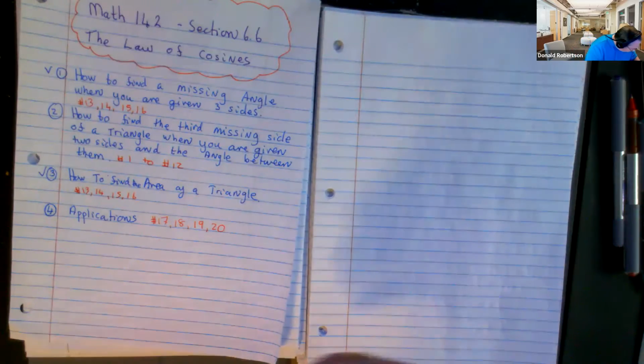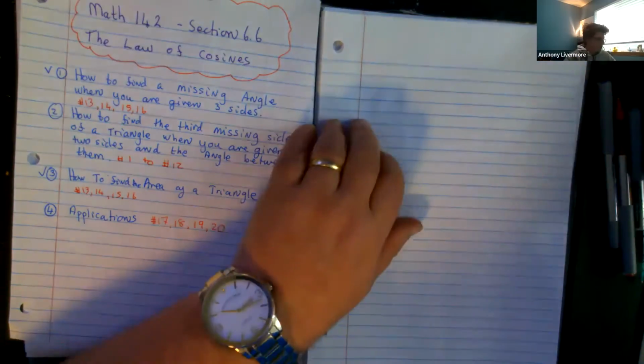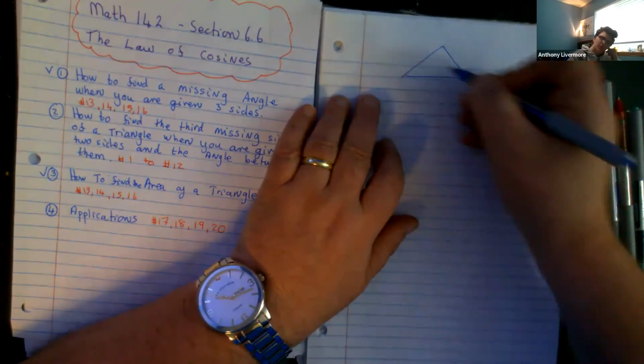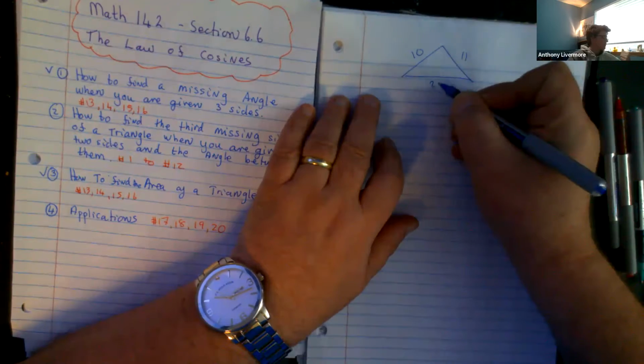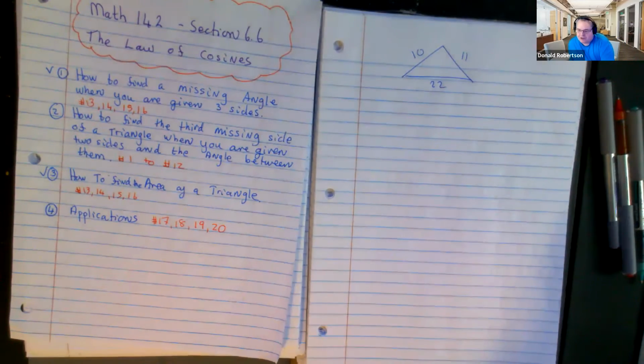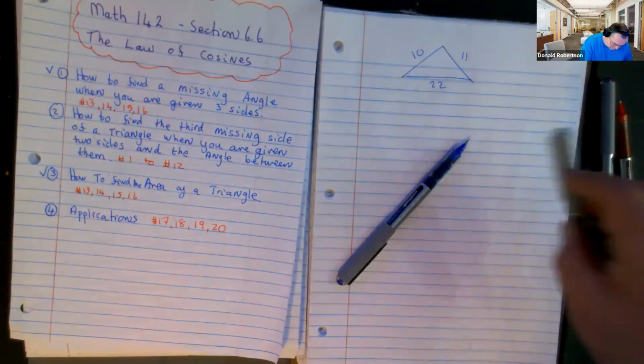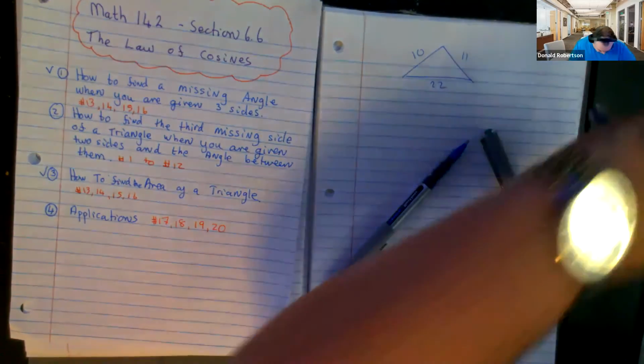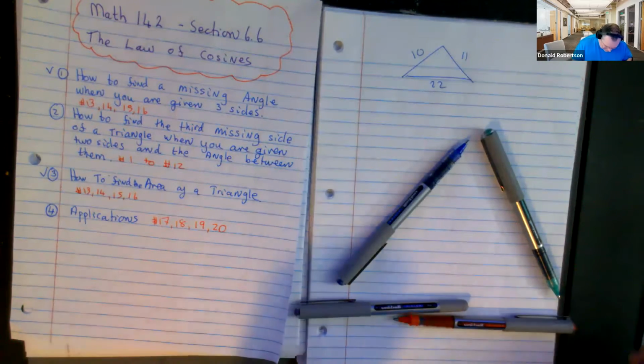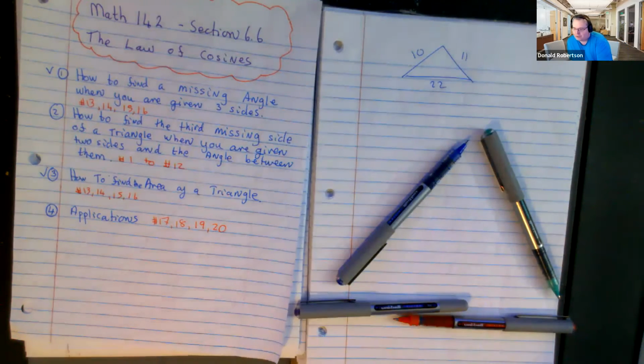If you think of it, I've got a picture handy, I'll draw it. If you make a triangle with three sides, imagine you made it out of bits of wood. So you get a bit of wood 10 inches long, a bit of wood 11 inches long, and a bit of wood 22 inches long. Would you agree there's only one triangle you could build with three sides? I mean, the geometry of it, does that make sense?